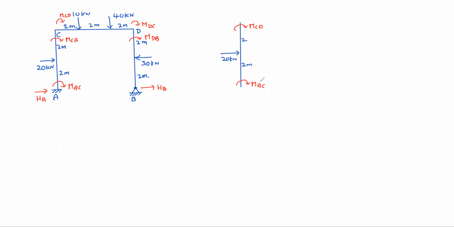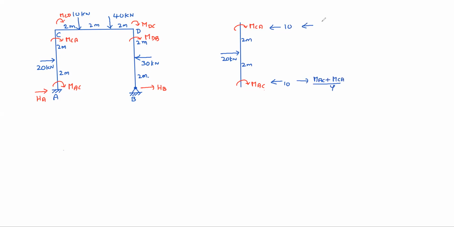To get HA, for this 20, you have 10, 10 like this because of symmetry, and MCA, MAC, both are clockwise as we are showing here. So an anti-clockwise couple will develop like this: MAC plus MCA by 4.